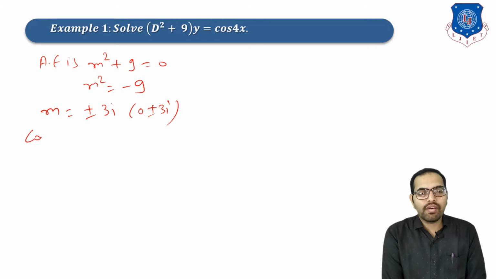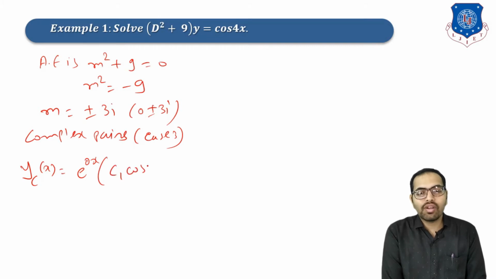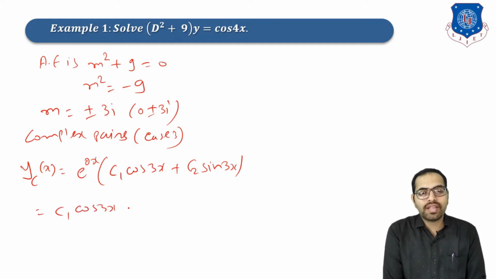Then the factors are complex pairs, so we use case 3 of yc. Then yc of x equal to, here the value of a is 0, then e raised to 0x into c1 cos 3x plus c2 sin 3x, e raised to 0 is 1, then c1 cos 3x plus c2 sin 3x. That is our equation number 1.